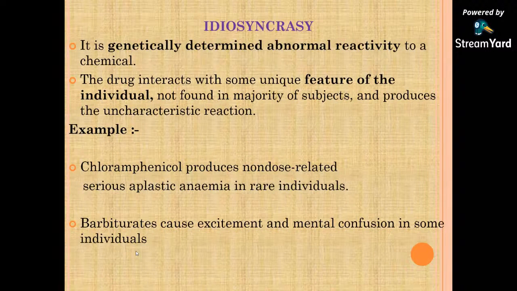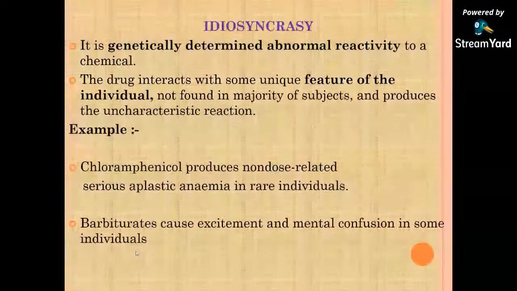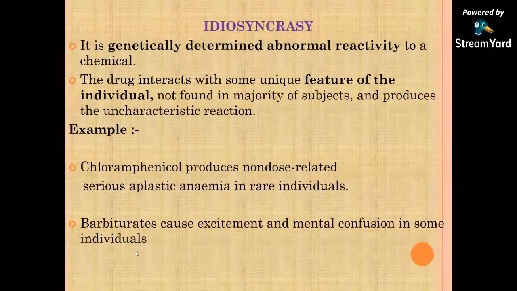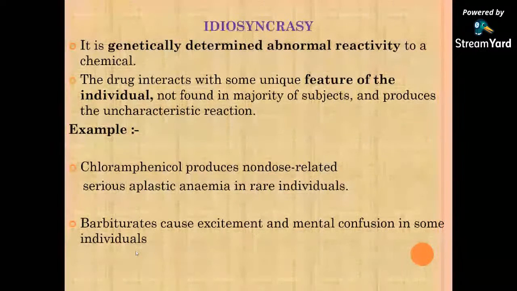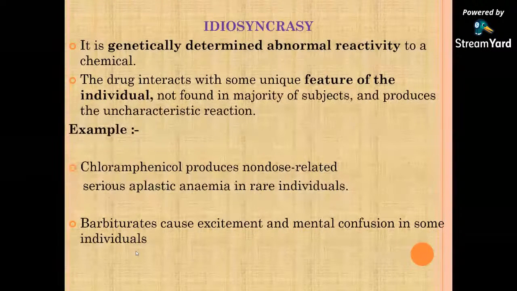Examples are chloramphenicol, which produces non-dose related serious aplastic anemia in rare individuals. Again, it is genetically related to the patient. The second example is barbiturate, which causes excitement and mental confusion in some individuals. And why does it occur? Because of a genetic abnormality related to the particular chemical.